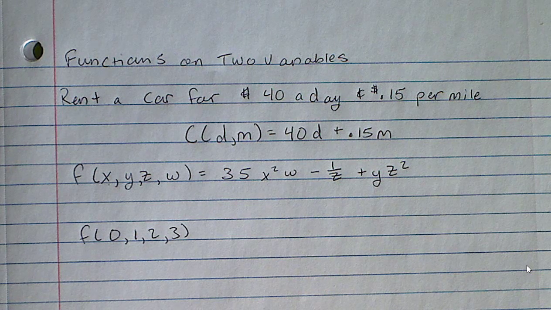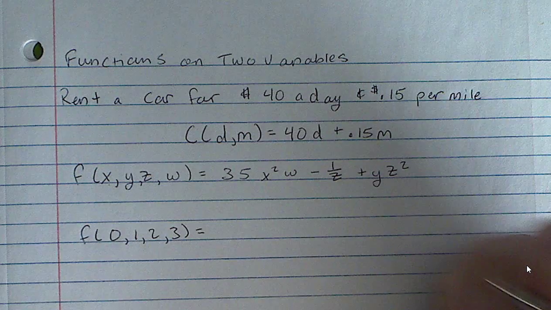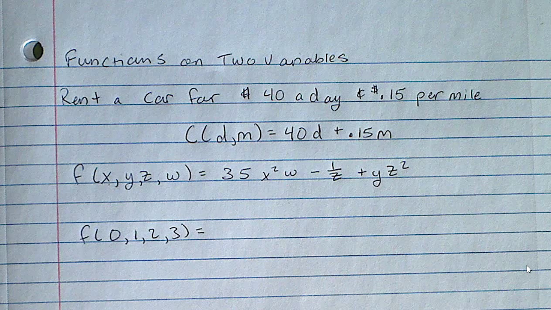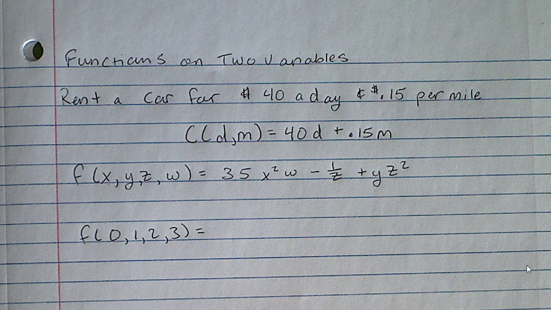So to do that, I would substitute 0 in wherever I see an x. To evaluate this, I put 0 in wherever I see an x, 1 wherever I see a y, 2 wherever I see a z, and 3 wherever I see a w.